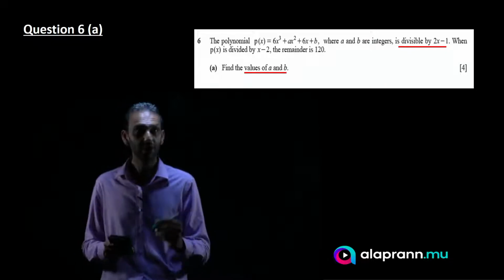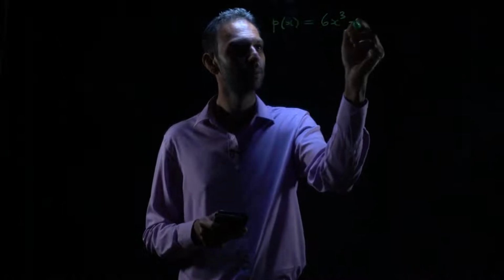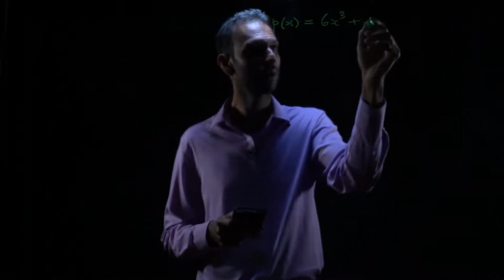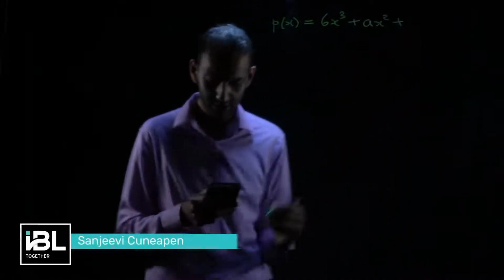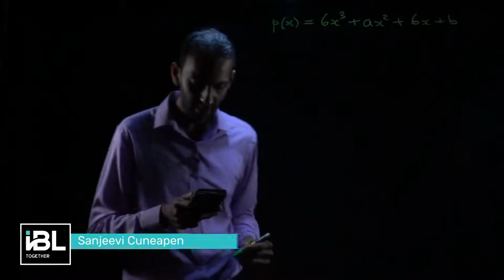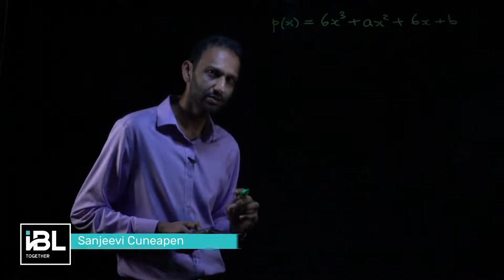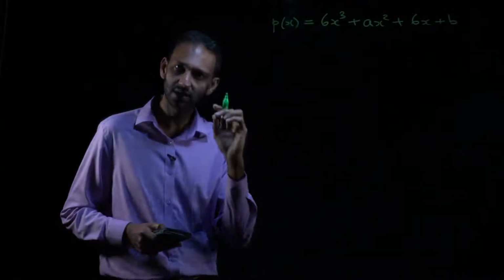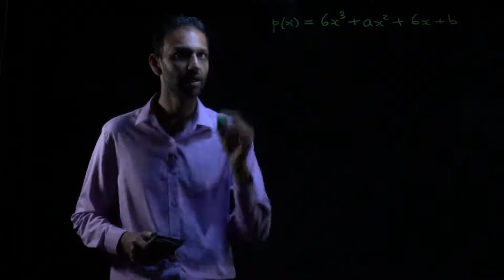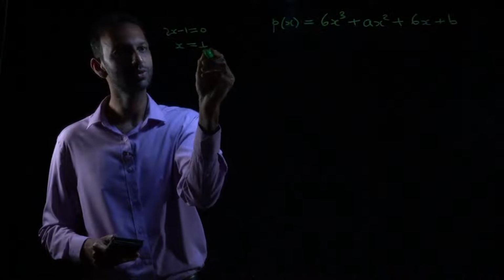Now, the polynomial p(x), which is equal to 6x cubed plus ax squared plus 6x plus b, where a and b are integers, is divisible by 2x minus 1. If it is divisible by 2x minus 1, then 2x minus 1 is equal to 0, so x is equal to half.